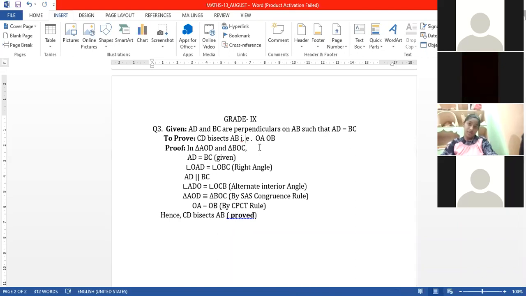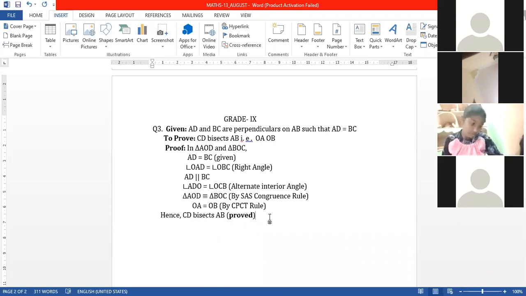Very easy concept, student. Right. Next, copy fourth question, everyone. L and M are two parallel lines intersected by another pair of parallel lines P and Q, so that triangle ABC is congruent to triangle CDA.